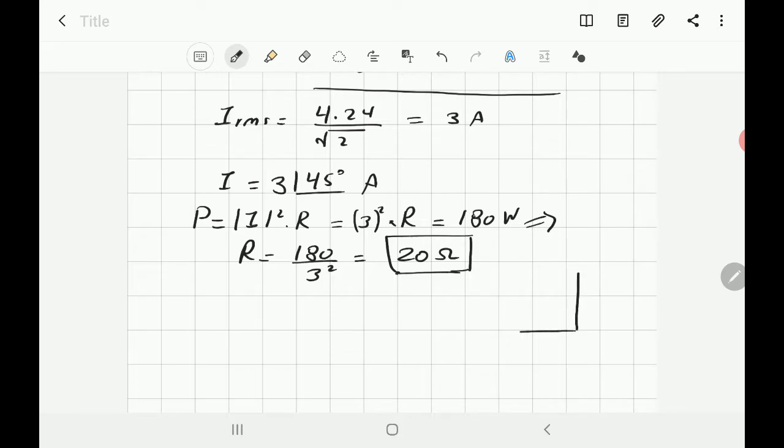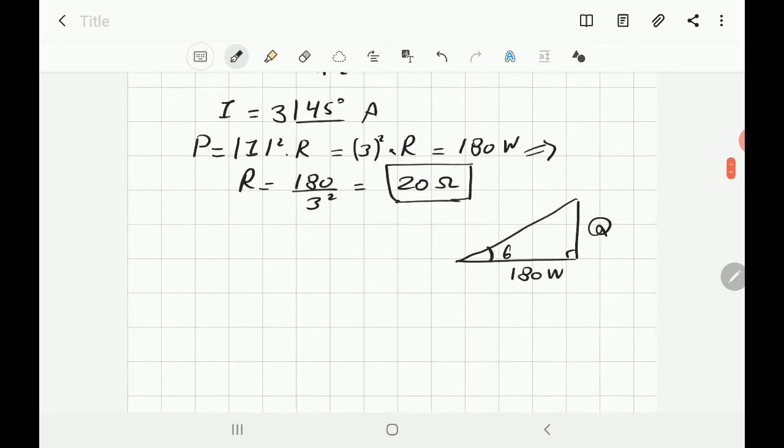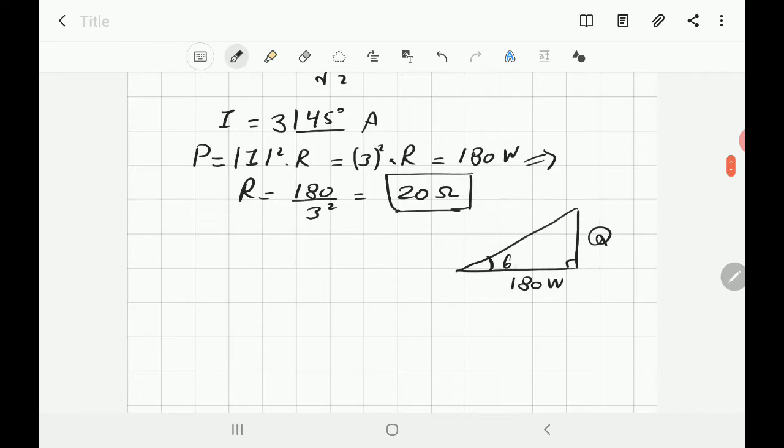If we sketch the power triangle, the power is 180 watt. Q, I don't know it. But can I find the angle? Yes, you can find the angle. Why? Because the power factor is given. Is there any relation between power factor and the angle theta? Yes. Power factor is equal to cosine theta.